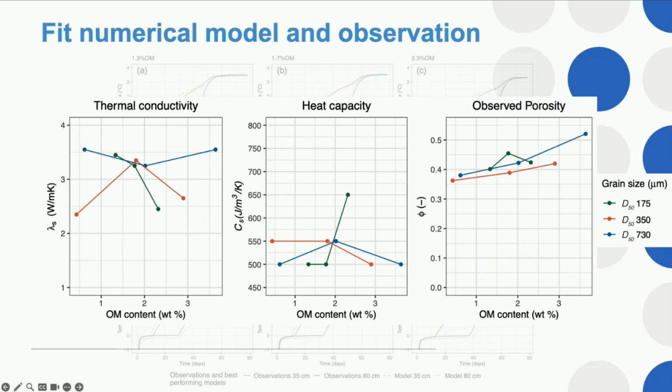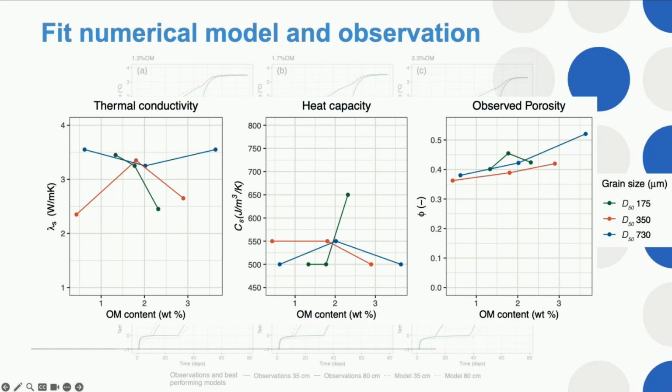But then if you plot your thermal conductivity against your measured organic matter content and against your heat capacity, you can see that only for porosity there is a clear linear relationship between organic matter content and observed porosity.